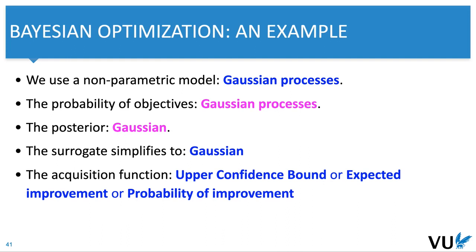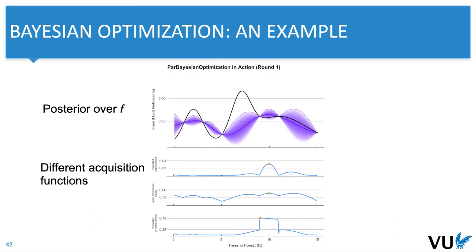And the great thing is that the posterior distribution is Gaussian, and the surrogate objective simplifies to Gaussian again. So one more time, we can use some acquisition function, upper confidence bound or expected improvement, probability of improvement. As I said, there are different acquisition functions, and we can pick one of these to perform this Bayesian optimization.